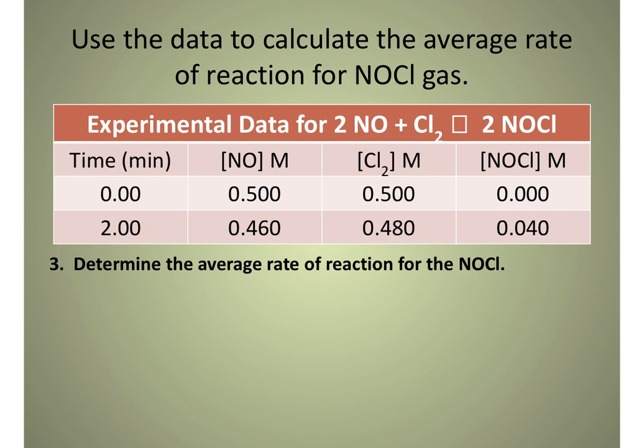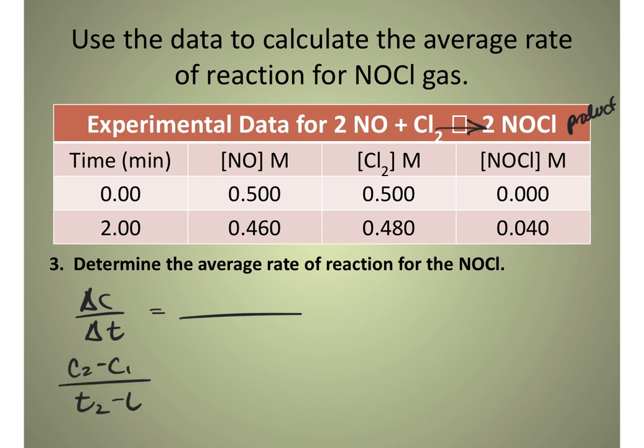And then finally, if we're looking at our third material here, which is the NOCl, this is a product. So when I'm trying to calculate the rate and use that rate equation, I don't have to put a negative sign out in front. I can instead just put my values. So we have C2 minus C1 over T2 minus T1: 0.040 minus 0 and 2.0 minus 0.